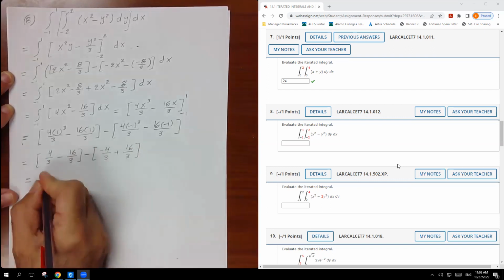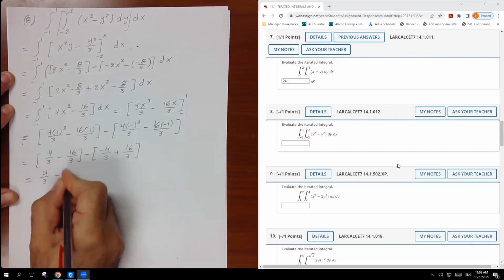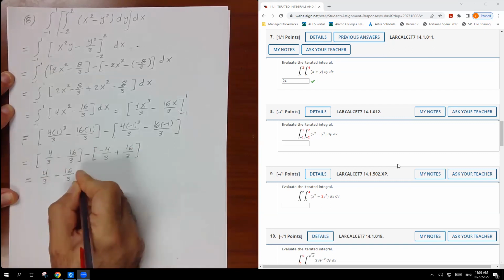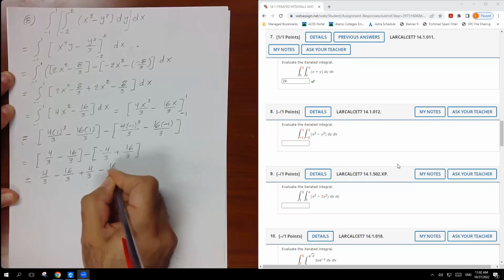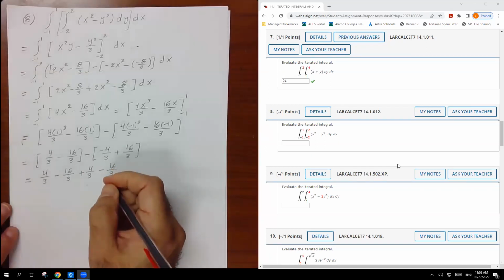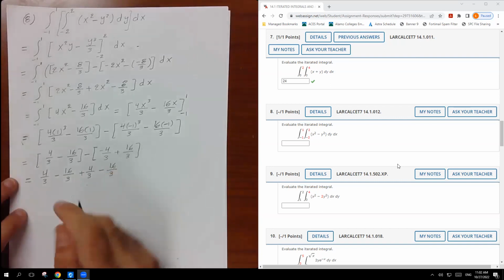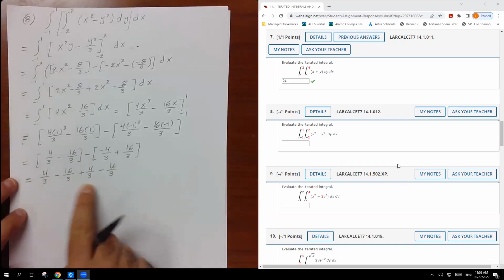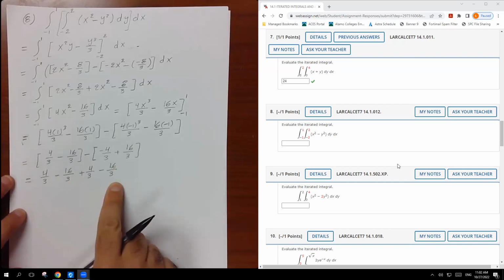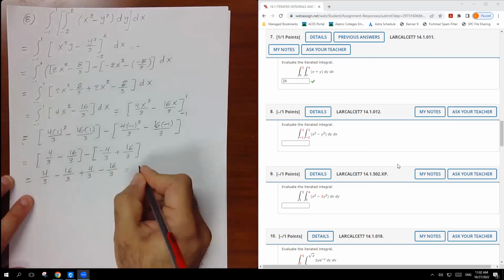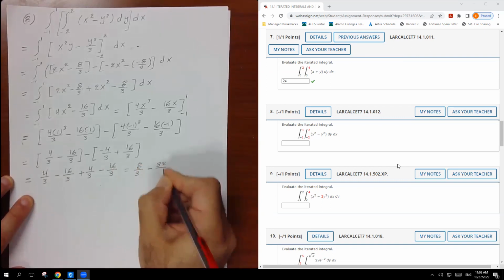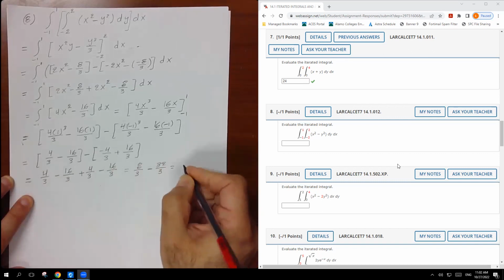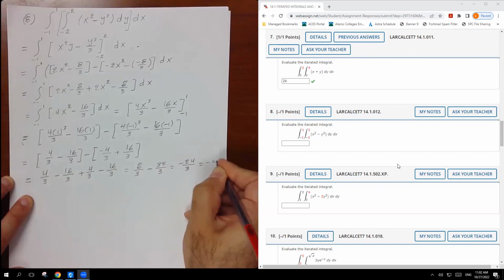Now this one is going to be 4 over 3 minus 16 over 3 plus 4 over 3 minus 16 over 3. Then negative, negative, positive, positive, but all the common denominator is 3. So this one is going to be 8 over 3 minus 32 over 3, which is equal to negative 24 over 3, which is equal to negative 8.